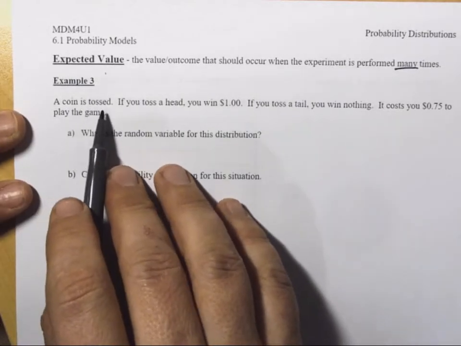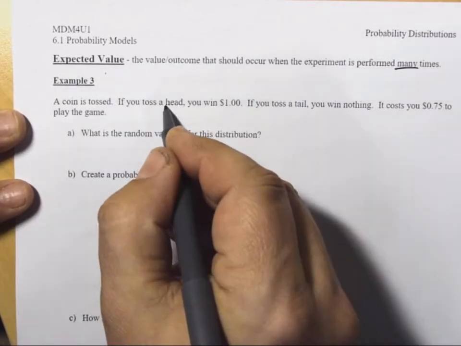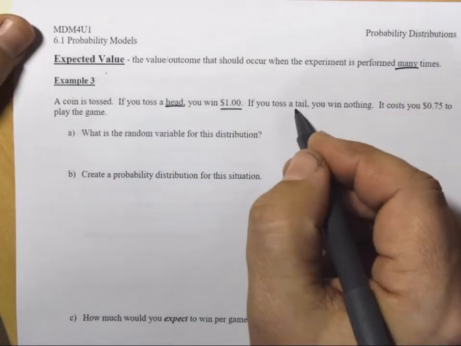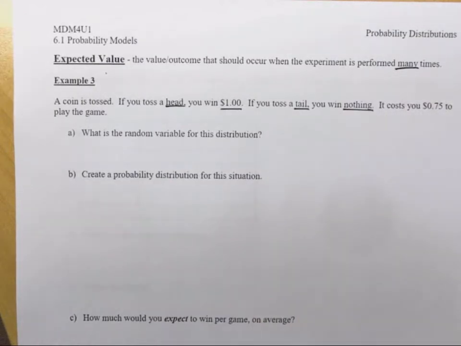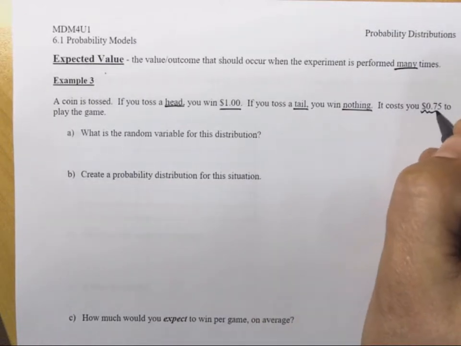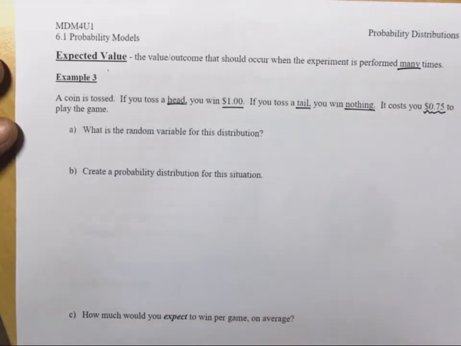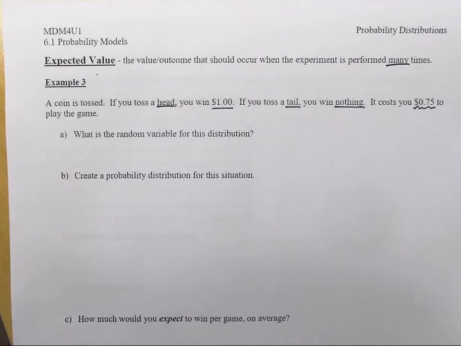Example 3. A coin is tossed. If you toss a head, you win $1. So this is a very simple game that we're making up right now. If you toss a tail, you win nothing. It costs you 75 cents to play this game. Now before we get into anything here, does this sound like a very fair game to you?